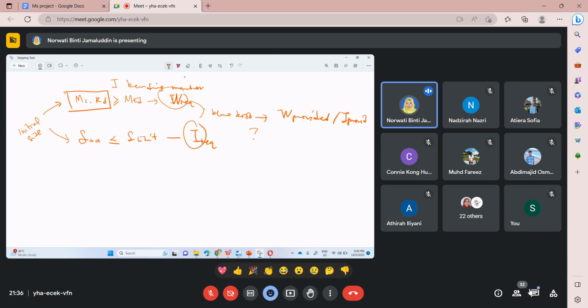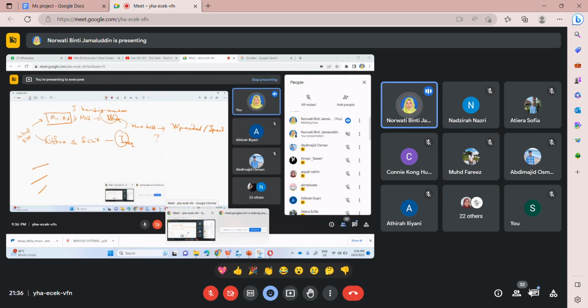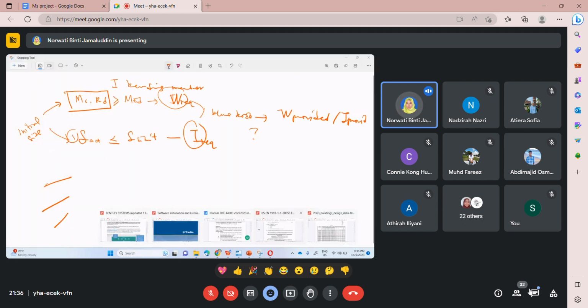Why? Because remember, this is just one checking. You still have shear, you still have moment, you still have buckling, MbRd that you need to carry out. And there's one more for beam.